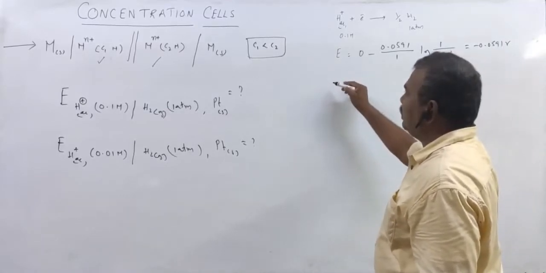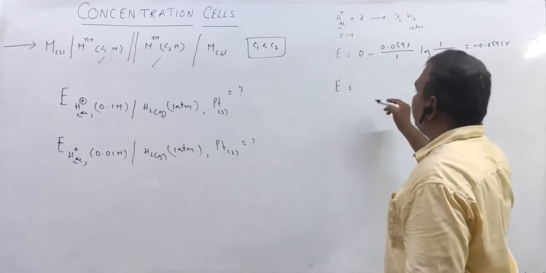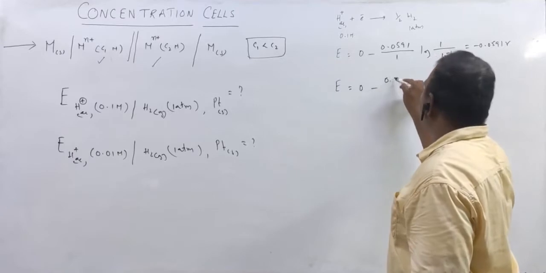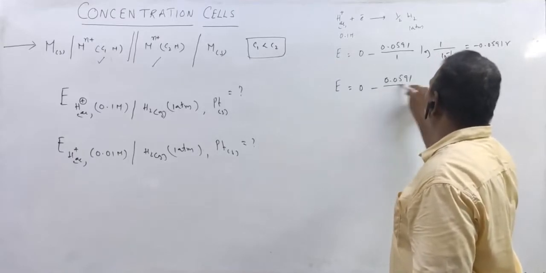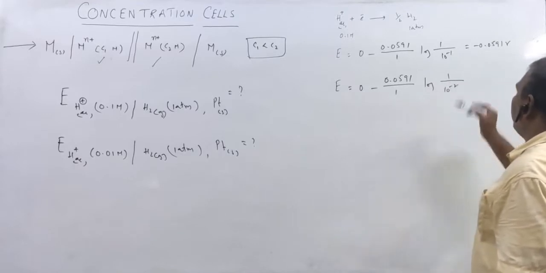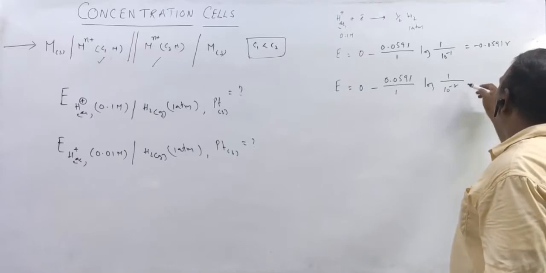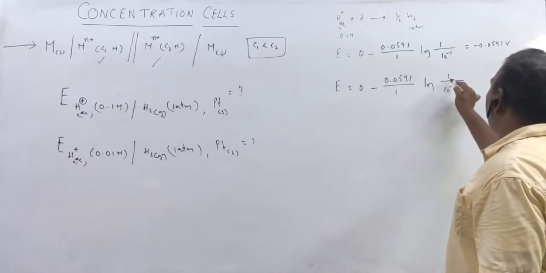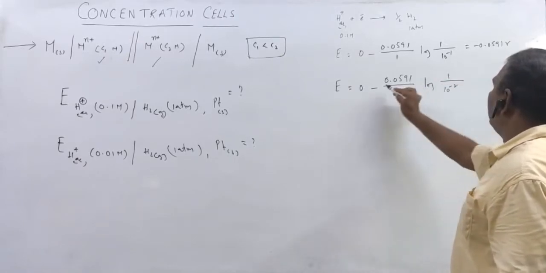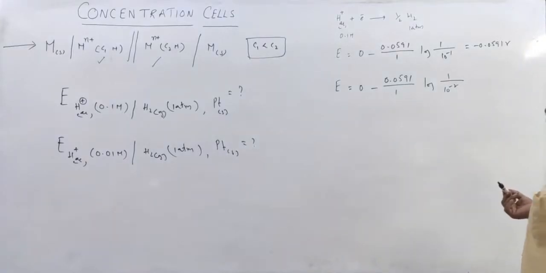Now, the second one. E is equal to 0 minus 0.0591 by 1 log 1 by 10 power minus 2. Now, it is 10 power minus 2, 10 power 2, 2 log 10, 2 into minus 0.0591.